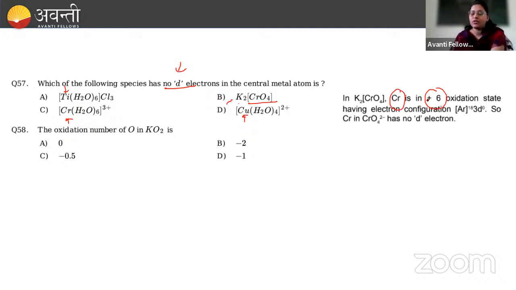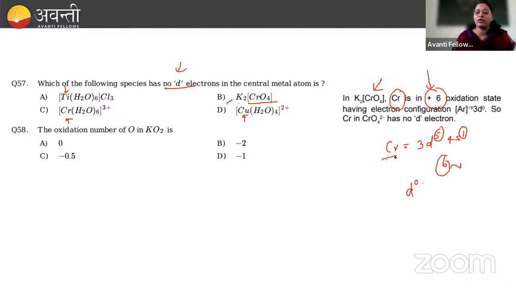As we know, chromium has the electronic configuration 3d5 4s1, so the total electrons present are 6, and all 6 electrons are used in bonding, which is why chromium forms +6 oxidation state here. So in the d orbital there are 0 electrons for this molecule.